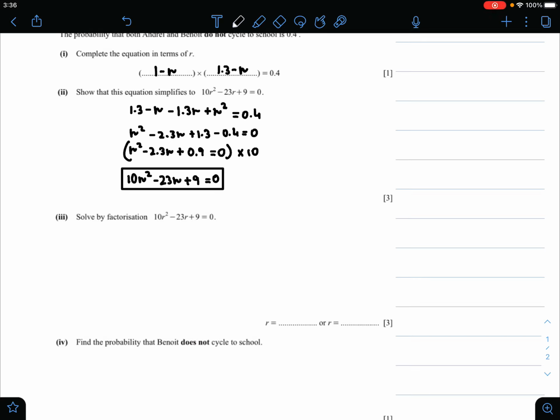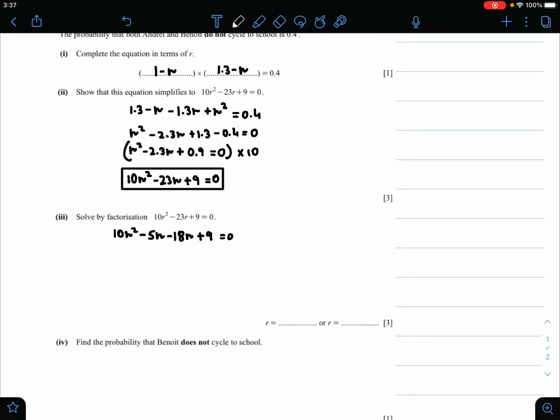So therefore it satisfies both the situations. So therefore we can write 10R square minus 5R minus 18R plus 9 is equal to 0.